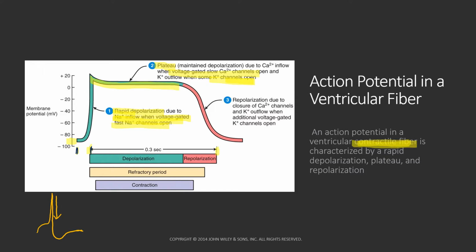And so even though there are some potassium channels open and we have those positive charges leaving the cell, trying to bring the cell back down to a lower membrane potential, we have these calcium channels that are balancing that out and maintaining that depolarization plateau.